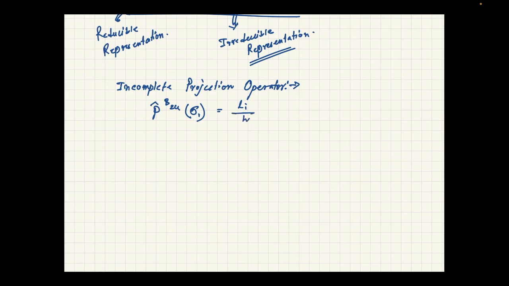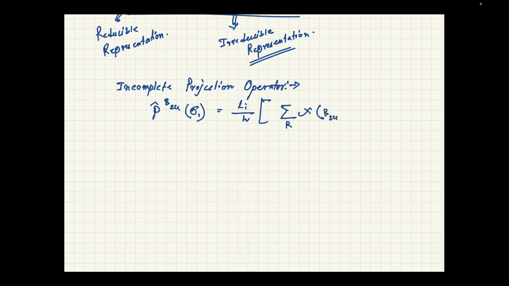Okay, then it will be the character of the B2U representation, or it will be the summation over R of the character of B2U.